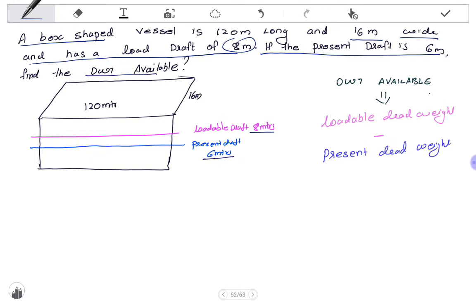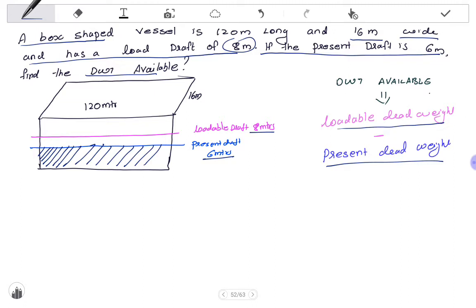So dead weight available is the loadable displacement minus present displacement, or simply we can say loadable dead weight minus present dead weight. Present dead weight can be found using the underwater volume of the vessel at present times the density of the water.